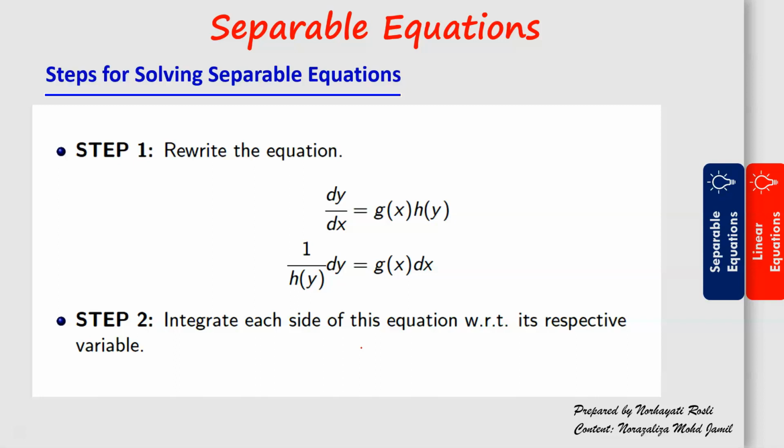So here there are two steps. The first step, you need to rewrite the equation in terms of a separable equation. Means that if you have your dy dx equal to function of x and y, you need to factorize this function such that it can be factorized in terms of gx times hy, and then you can write that the dependent variable term is at the right hand side and the independent variable term is located at the left hand side.